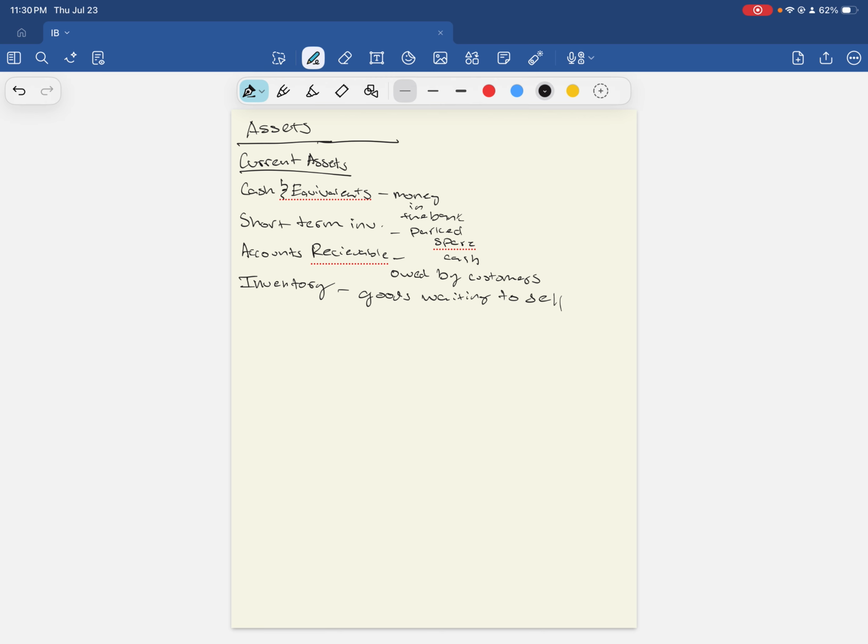And lastly, you have your prepaid expenses. This is stuff like rent, or anything that's paid ahead to your company. That's how you start off with your current assets.